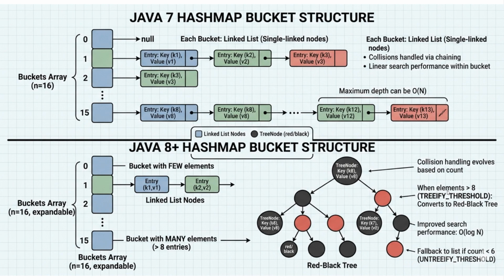When elements reach the threshold more than 8, it is converted to a red black tree. Improve search performance to logarithmic, and when the tree count is lesser than 6, the tree is transformed in a linked list again.